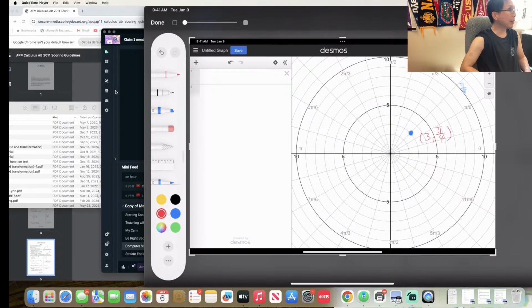So instead of x and y, going x how many units, y how many units, you go into which circle you're going to go to and which angle you're going to go to. Does that make sense? It's the first time you've seen this, and it's abnormal, but it's not difficult for you to do.